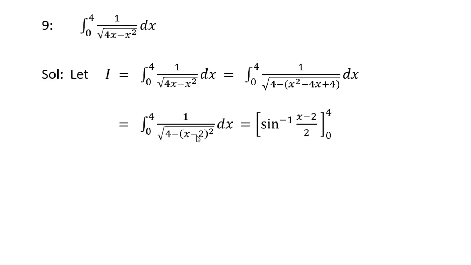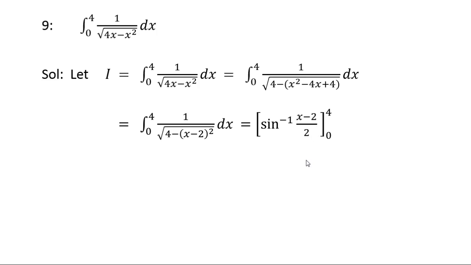Its integral is of the form 1 upon root of a square minus u square, so its integral is sine inverse u upon a. A is 2, this 4 is 2 square. So sine inverse of x minus 2 upon 2.